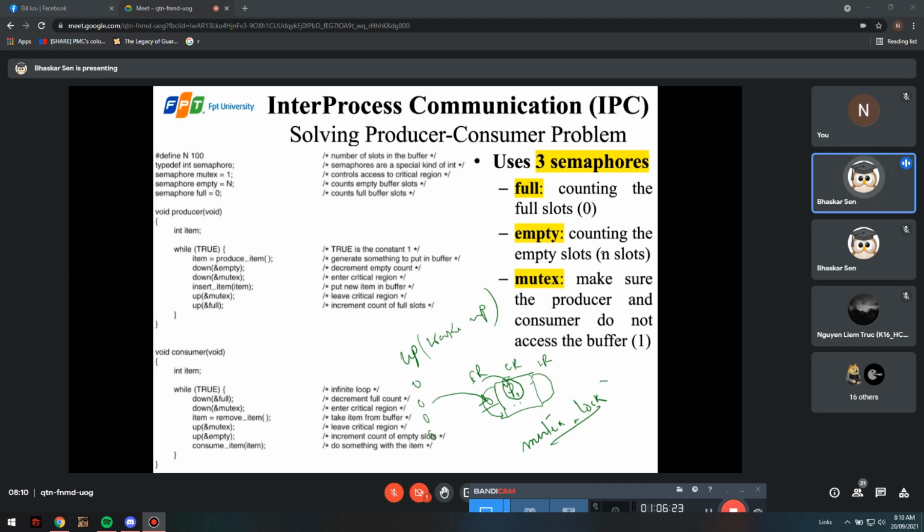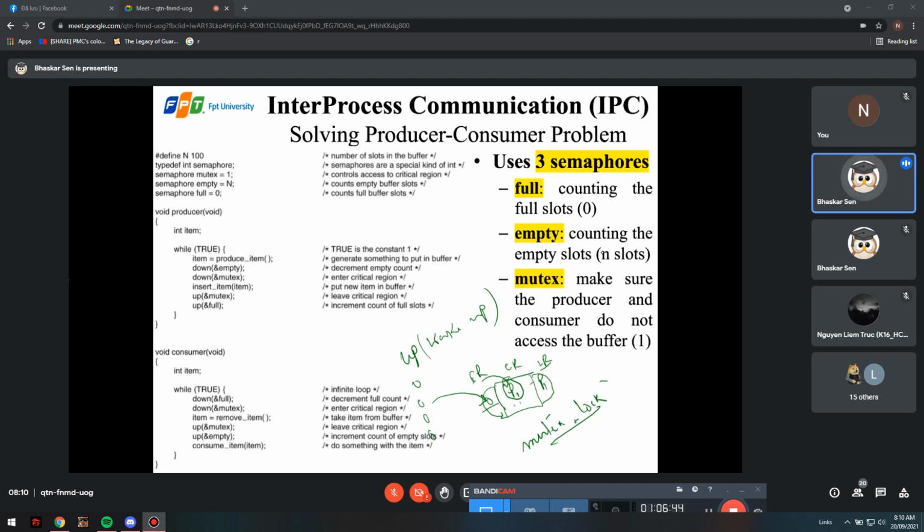Now it is time for it to leave the critical region. So what P1 will do is move itself to this leave region.